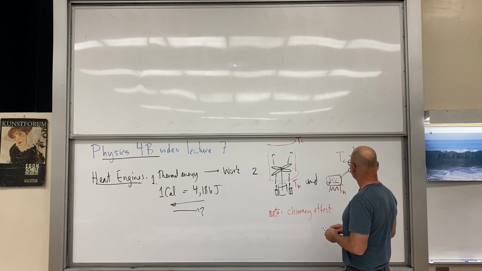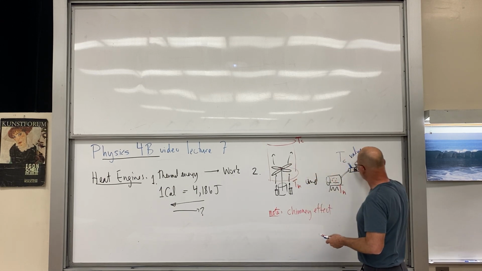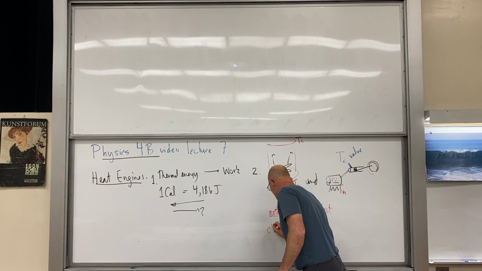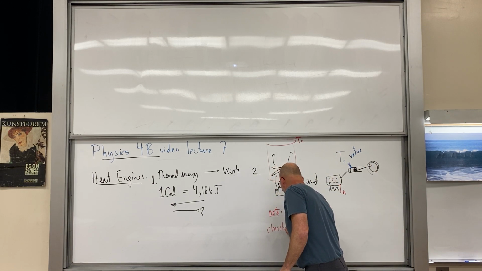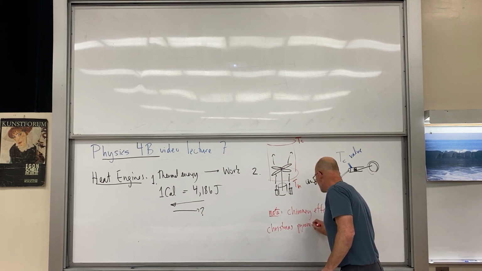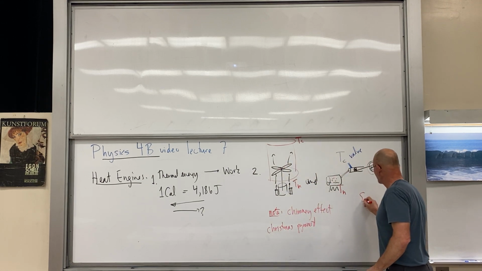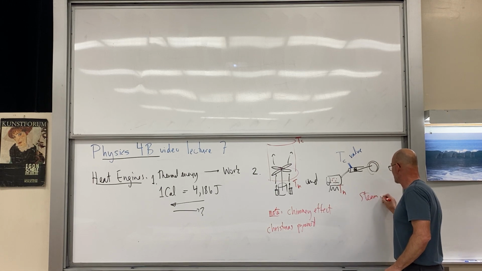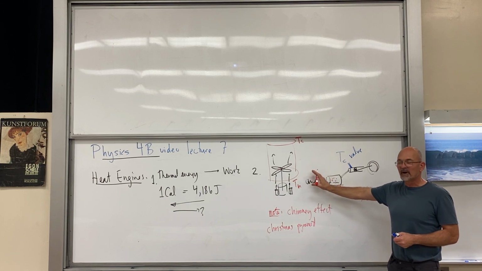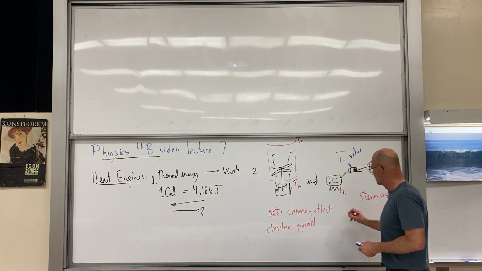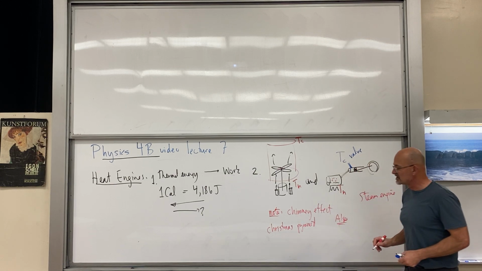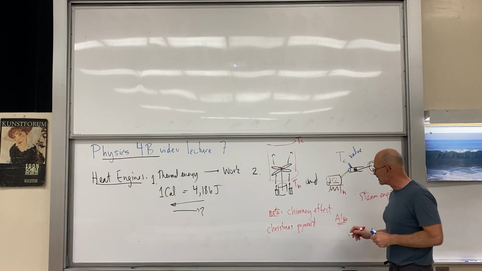So this was the Christmas pyramid, this was the steam engine. I'll just write that down again for you. Steam engine. By the way, this is an external combustion engine. The engines in our cars are internal combustion engines.